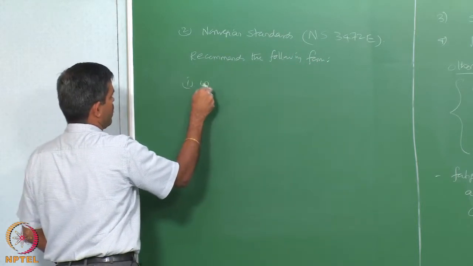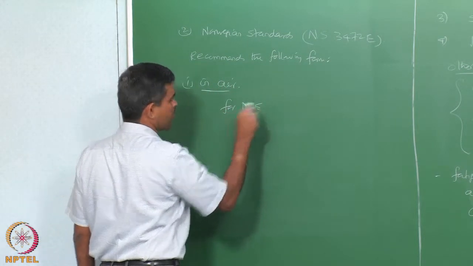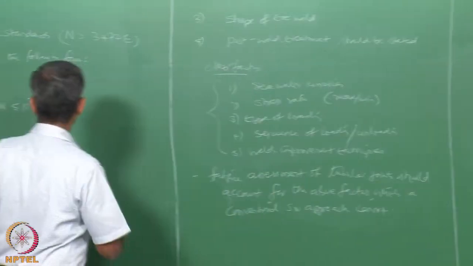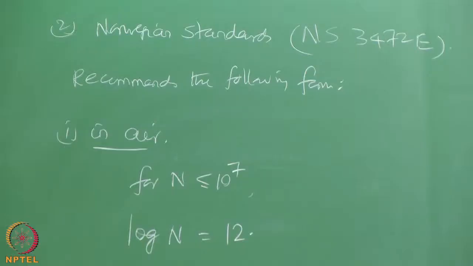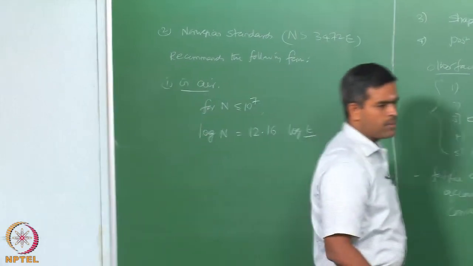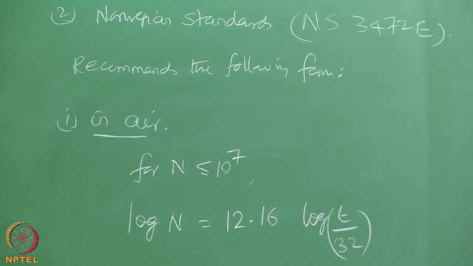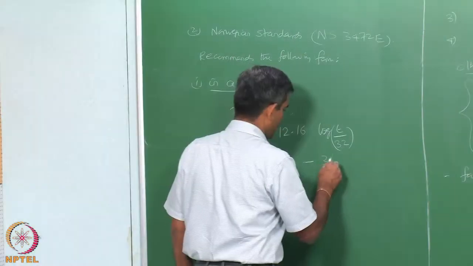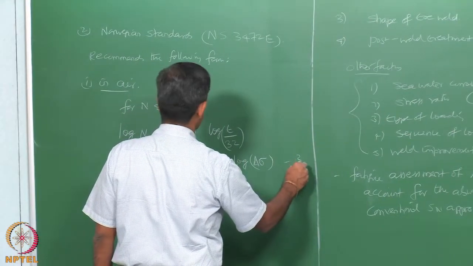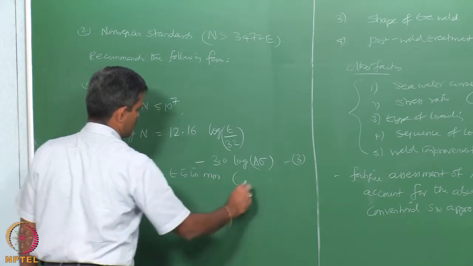Let us say in air, for the number of cycles less than 10 power 7, it says log N equals 12.16 minus 3.0 log delta sigma, equation number 3, where T is the thickness in millimeters.